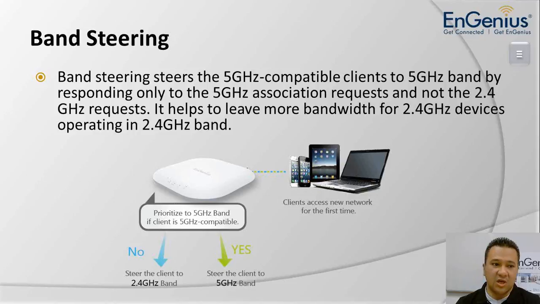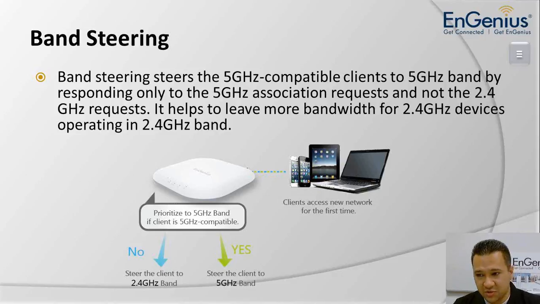It's not a particular function of EnGenius, but many other brands also have it, and we have it in our system. Band steering checks if the client can also use 5 gigahertz, and if so, it only opens 5 gigahertz to the client and does not let the client use the 2.4 gigahertz.